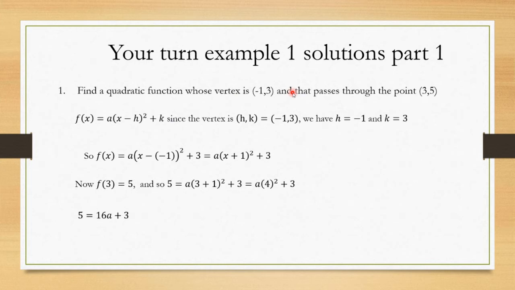Good. So again, we have our quadratic function here: f of x equals a times (x minus h) squared plus k. Here we're saying that the vertex, which is (h, k), has to be the point -1, 3.